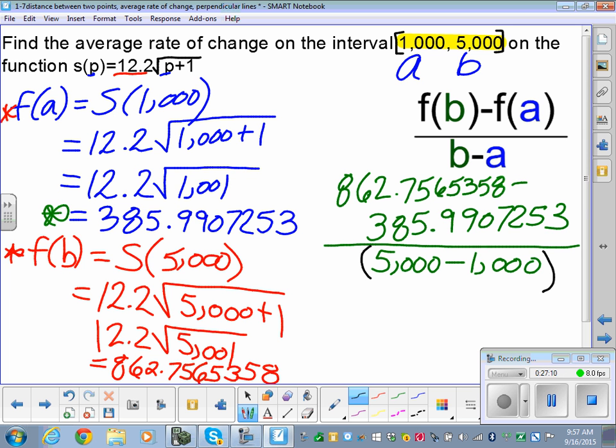Anyone else calculate it? Did you type in the full decimal? Yeah. Are you sure? 862.7565.